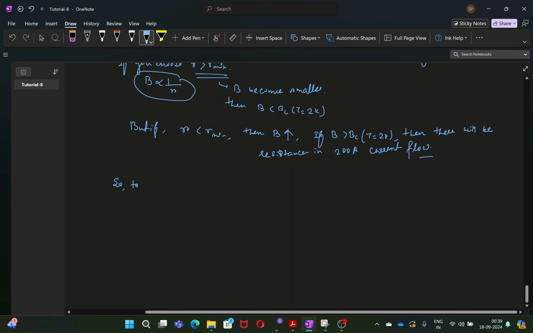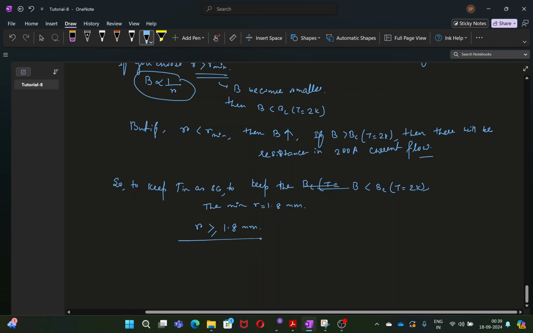So to keep tin as superconducting, to keep the B produced by the current less than BC at 2 Kelvin, the minimum radius is 1.8 mm, or in other words R can be either 1.8 mm or even greater than that.